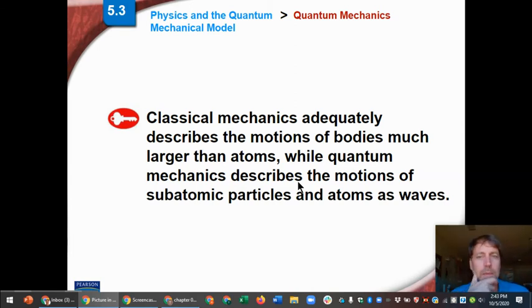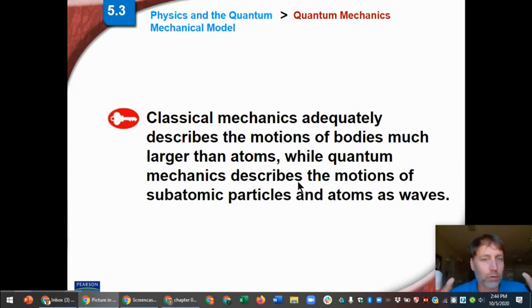All right, so here's how classical mechanics and quantum mechanics differ. Classical mechanics adequately describes the motions of bodies larger than atoms: planets, spacecraft, moons, the universe, how things work. So anything you can see is classical mechanics. But when we get to the atomic level, it gets a little weird.